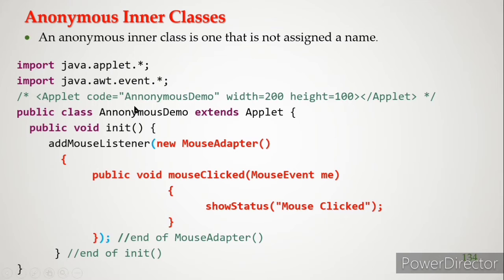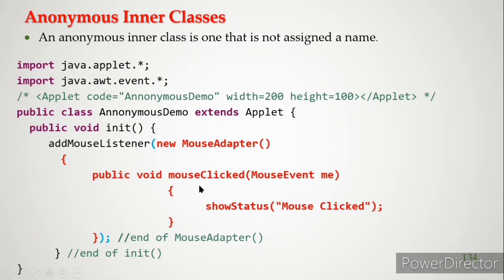As I told, an inner class we can define within an expression, right? See here, within brackets we are writing one class, that is an anonymous inner class. There is no name for this class.